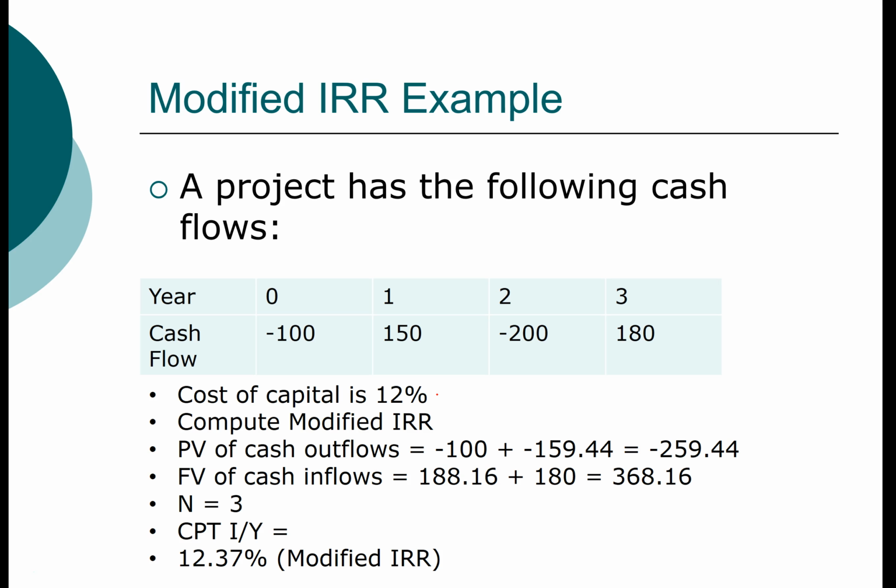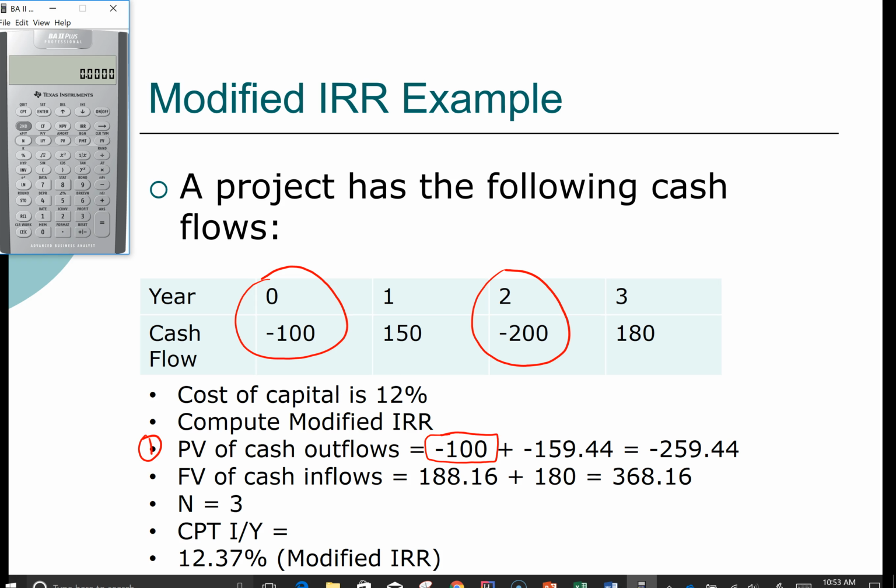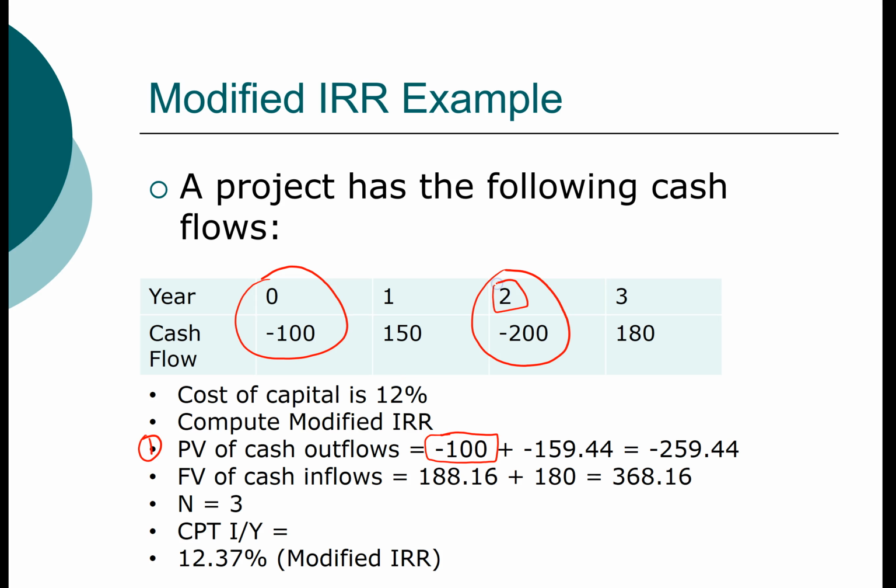The first step is to discount all the cash outflows to year 0. So we have 2 cash outflows. In year 0 is $100, and then in year 2 is $200. The cash flow in year 0 is already in year 0, so we don't have to do any discounting to bring it back. So it's just negative $100. The $200 outflow in year 2, we need to discount that back. So this is a discounting problem. The $200 that occurs in year 2, and the discount rate is 12%.